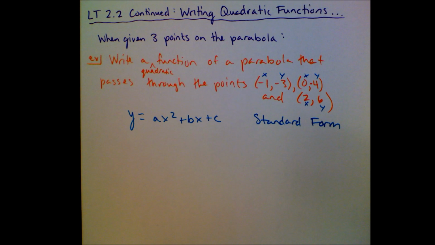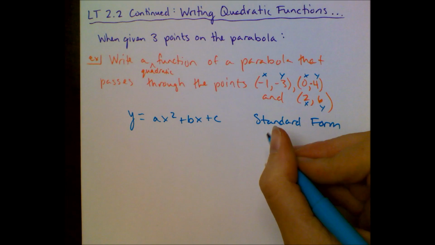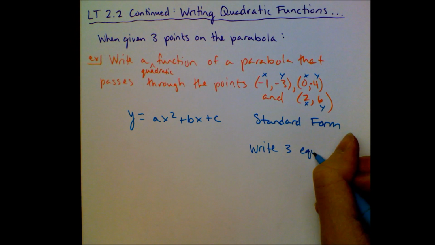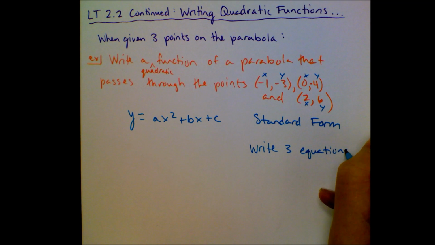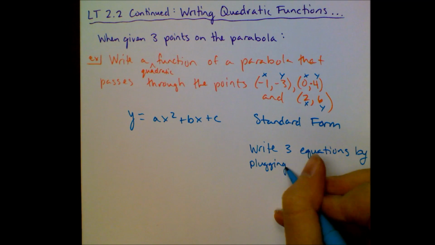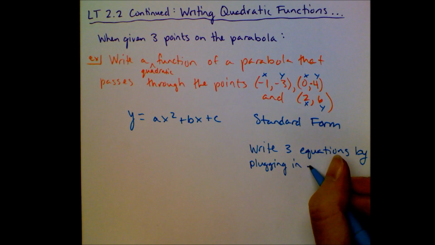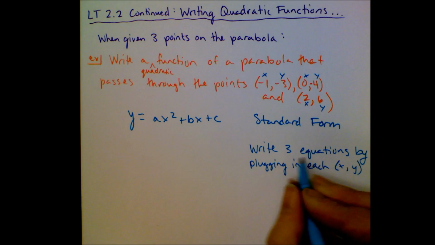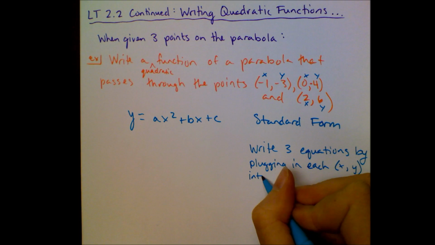And so what we'll be doing here is we're going to write 3 equations, 3 separate ones, by plugging in or substituting each of those 3 points, each x and y, into standard form.